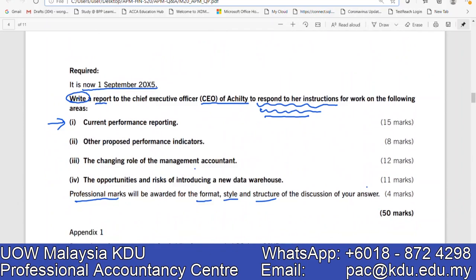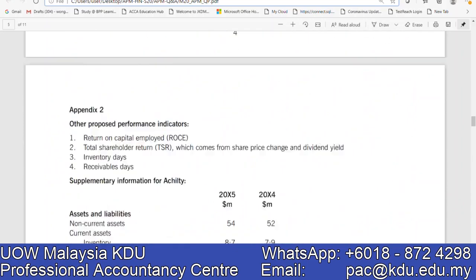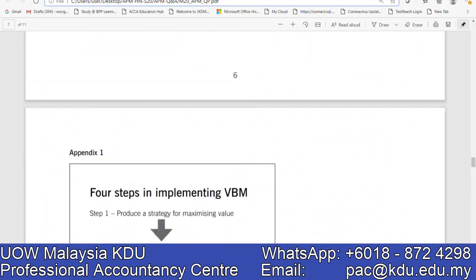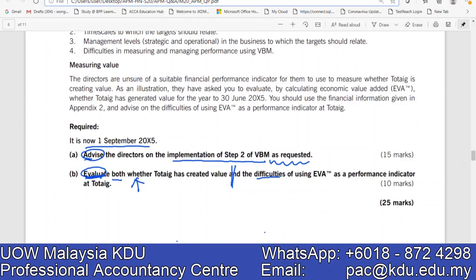But in Section B, you notice something? Some hide in the story. Some they didn't hide. You realize that? Some they hide, some they don't. You see your question 3?